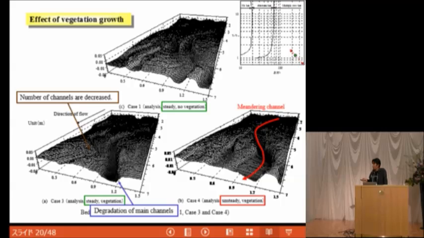Finally, a very clear meandering channel is formed. In this way, the vegetation grows on the bar very well under this condition. That will affect the number of channels very much, and a very clear meandering channel will be formed. These kinds of phenomena can be calculated by use of numerical analysis.